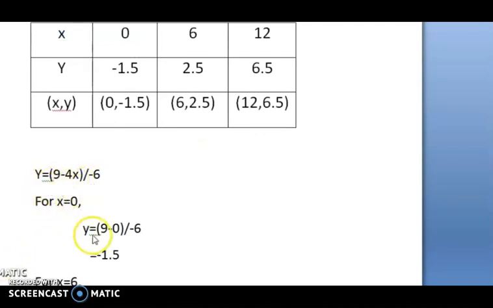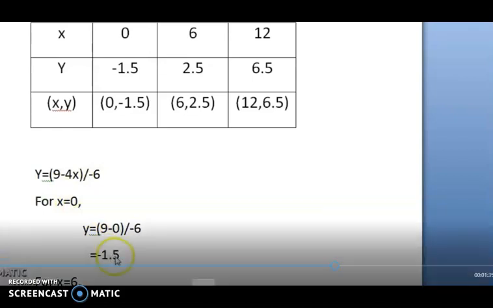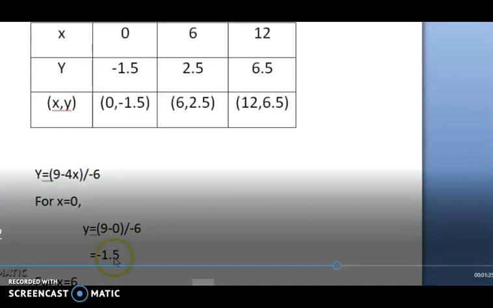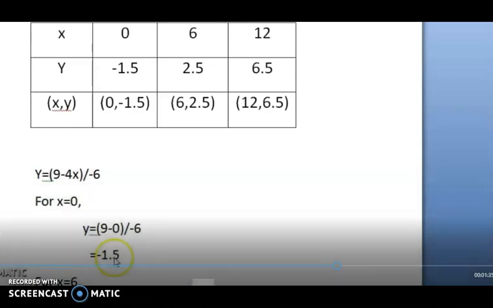For the other line, we just substitute the value of x, and here it happens to be minus 1.5. It is actually a decimal value. We have a decimal value for one place, but the thing is, it is quite difficult to find integer values on this line. You can check out.